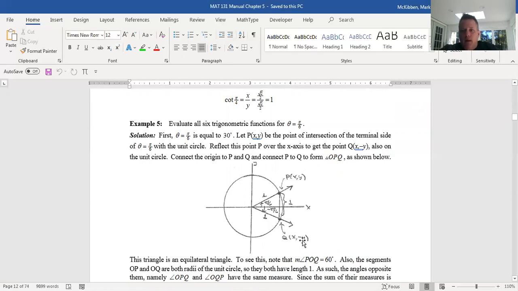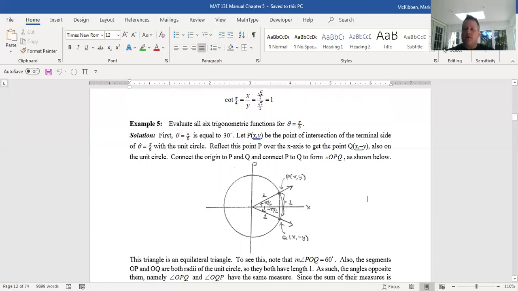Okay. Now, this angle here is equal to 60 degrees, right? If you look at it just as a triangle, that's 30 degrees and that's 30 degrees. So that angle is 60 degrees. But these two angles here have to be equal because they're cut by the same transversal, right? And so that angle and that angle are the same.